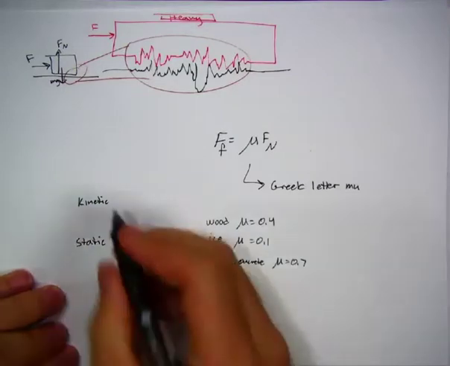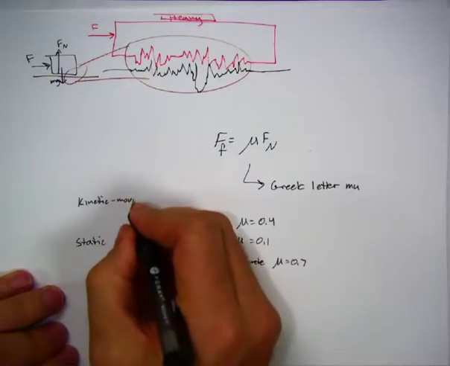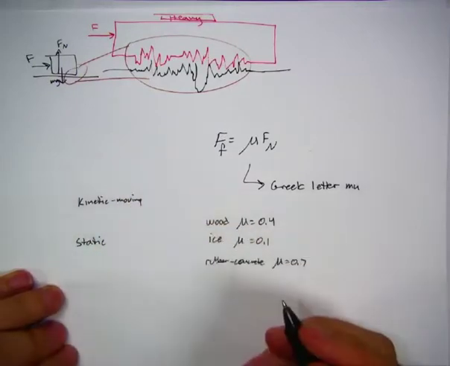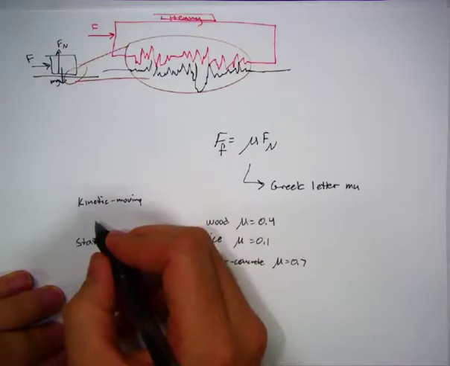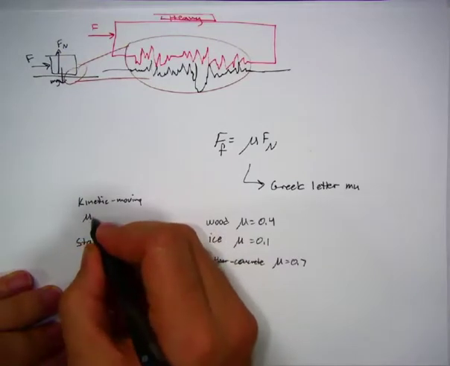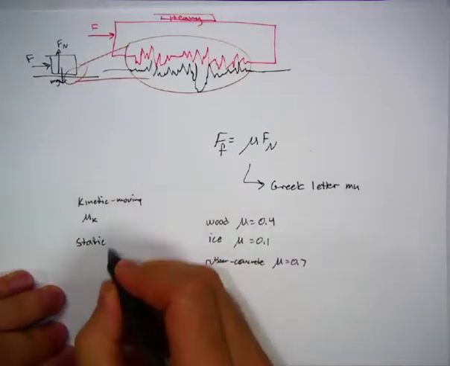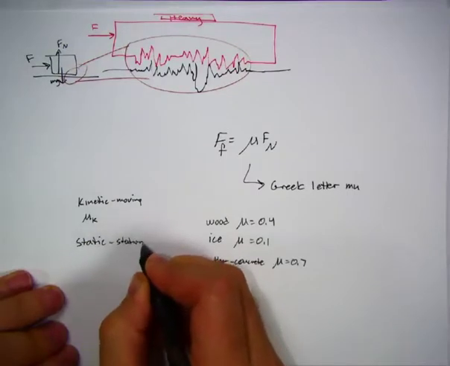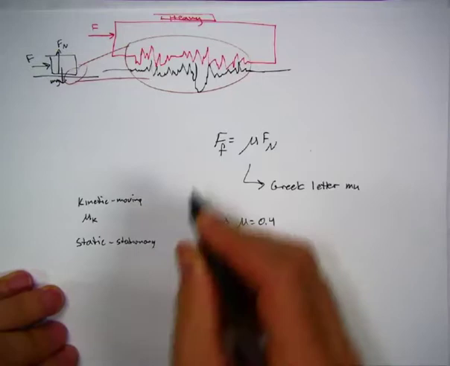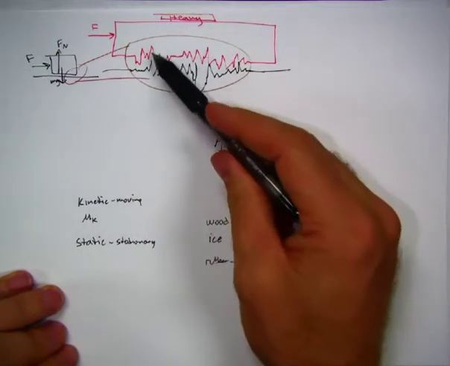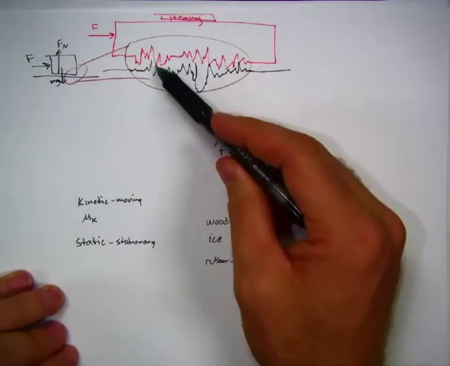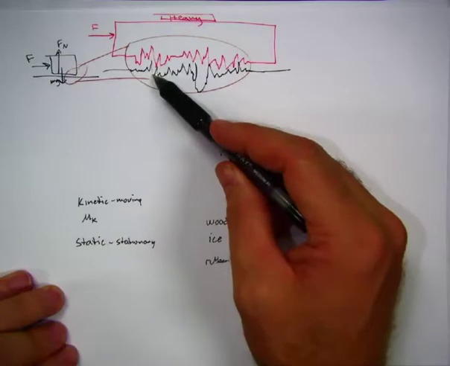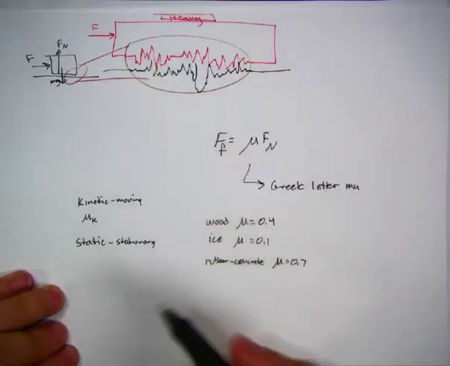All right, so kinetic friction is going to be moving, and we're going to see that that's going to be easier. So we're going to have mu kinetic, and static friction or stationary, right, not moving, is going to be different, because if it's not moving, this thing can slide all the way down in this valley, and it becomes much harder to get it started moving up over the top.